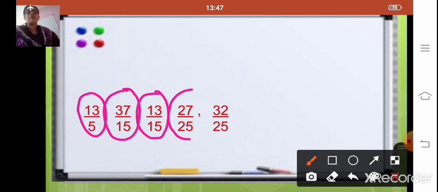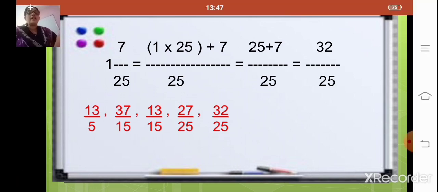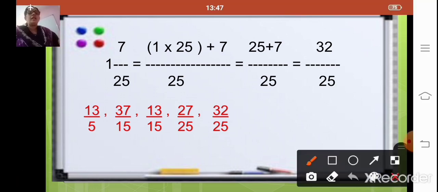Also 27 upon 25 is there in your question. Now let us see the third mixed fraction. When you convert it, you will get 32 upon 25. That is 25 into 1 plus 7, so 25 plus 7 upon 25 gives you 32 upon 25.